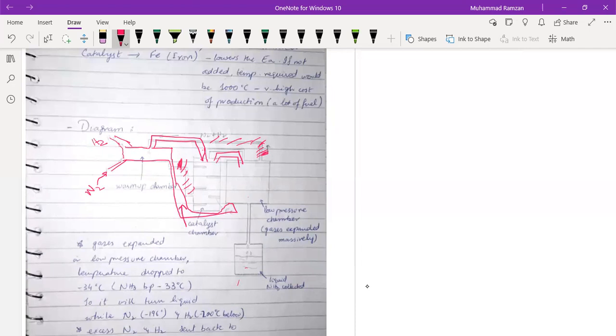This is unreacted, this is unreacted H2, N2, and they are drained into the warm-up chamber. And again, the cycle started. And this is the way.